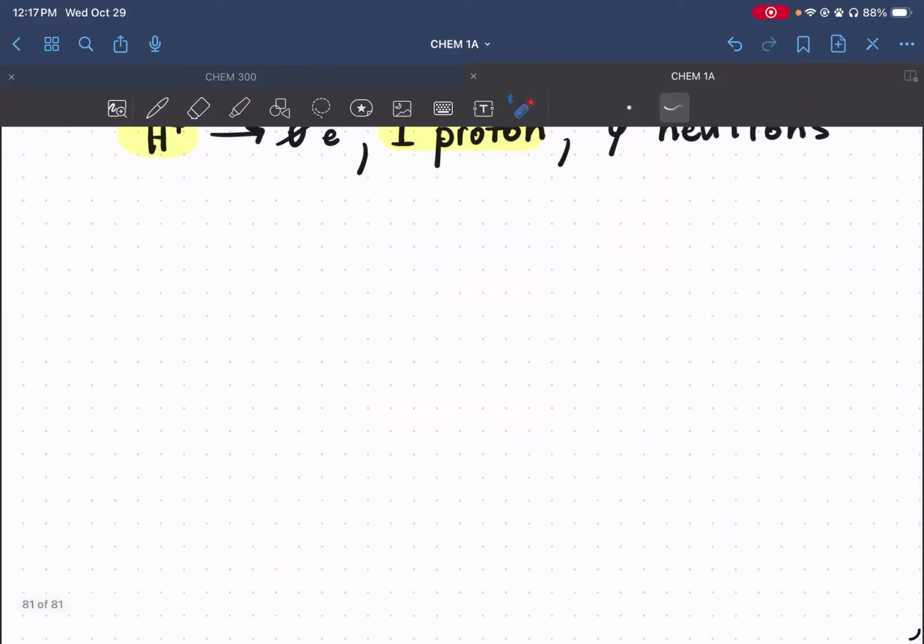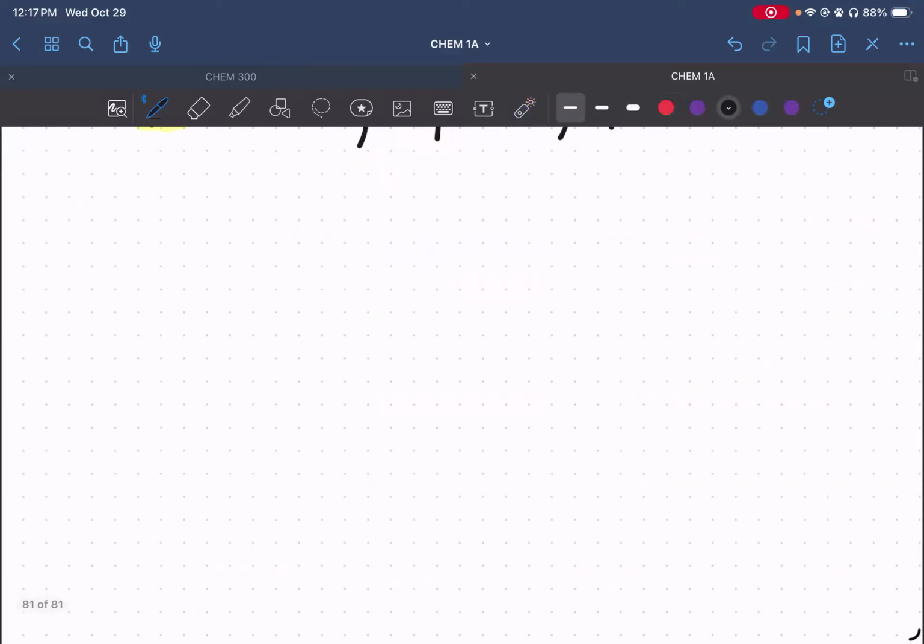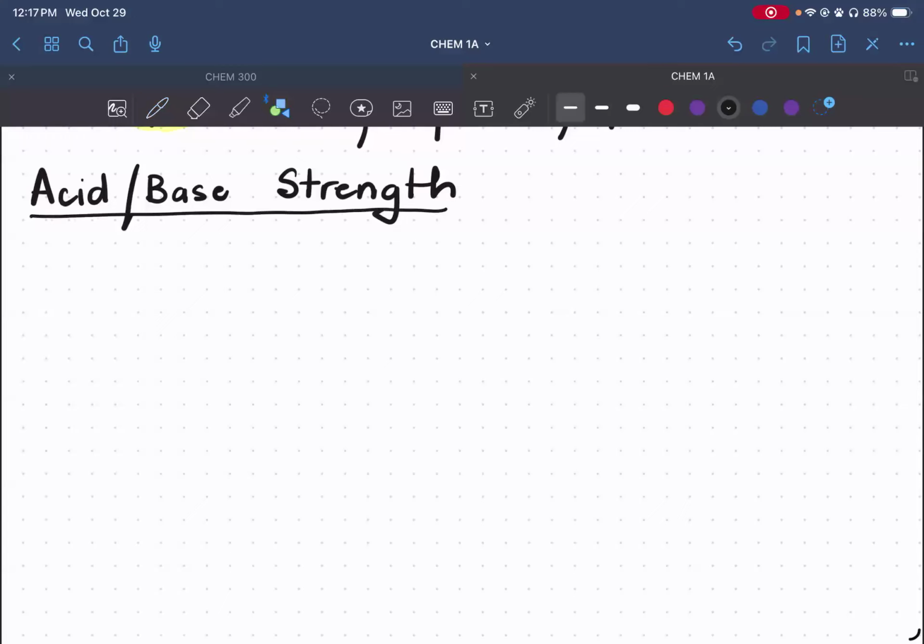Now we're going to talk about acid and base strength. So the question we must ask ourselves with this topic is, how do we rank acids?